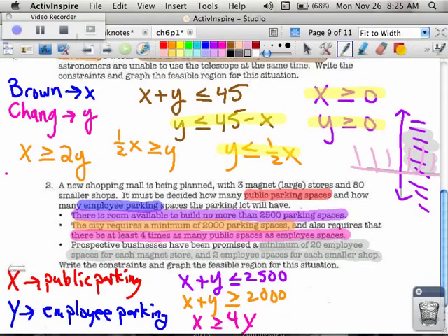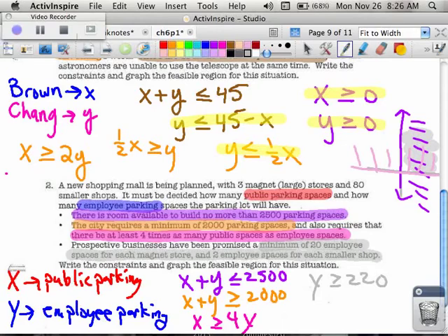And then 2 spots for each of the smaller stores times 80 is 160. So 60 and 160 is 220 parking spaces for the employees at least. So the employee spaces, which was Y, has to be bigger than or equal to 220 parking spaces. That's the minimum number of employee spots that they have to generate.